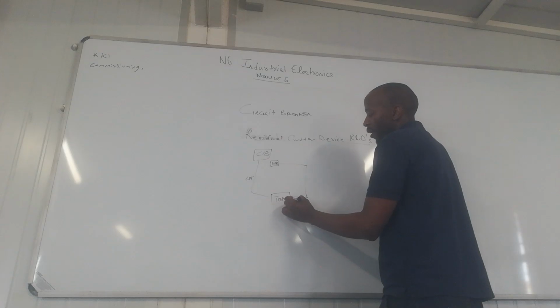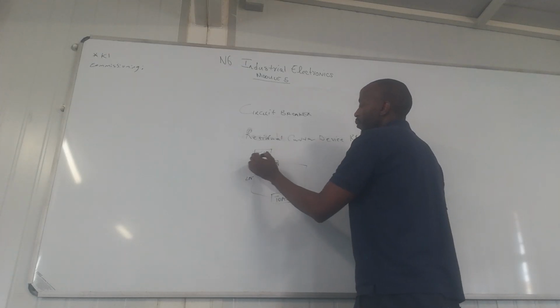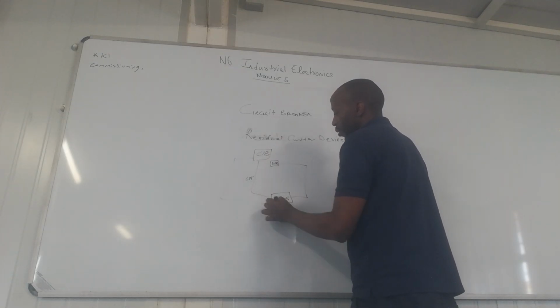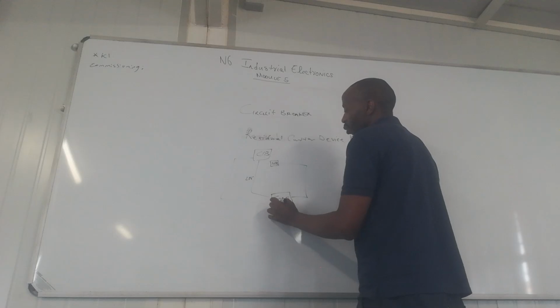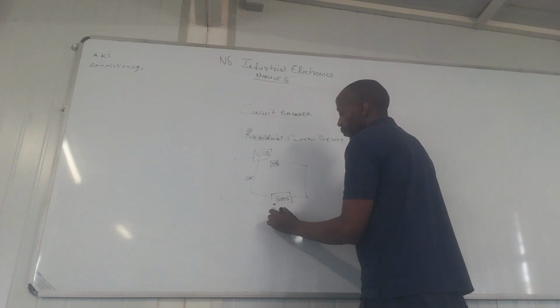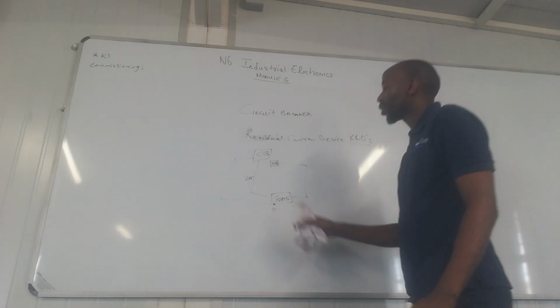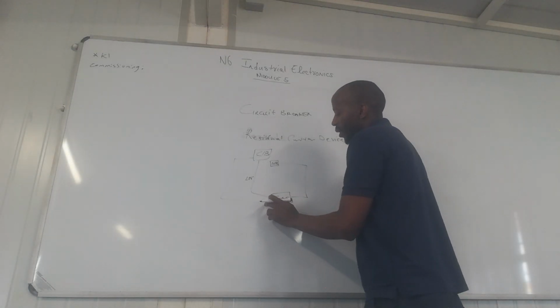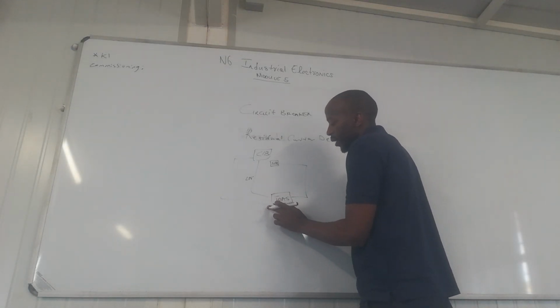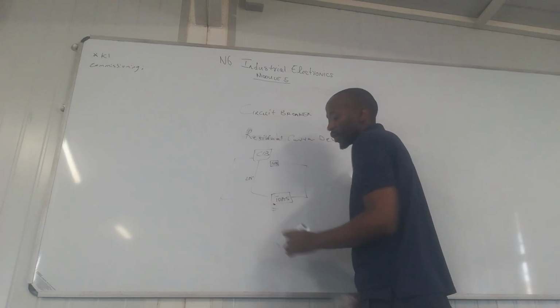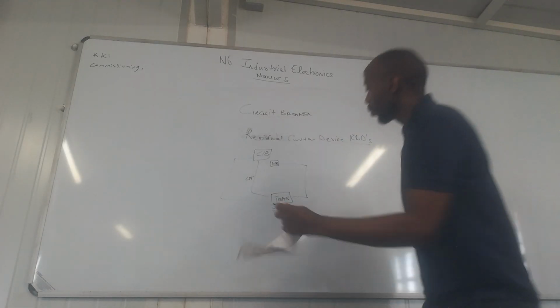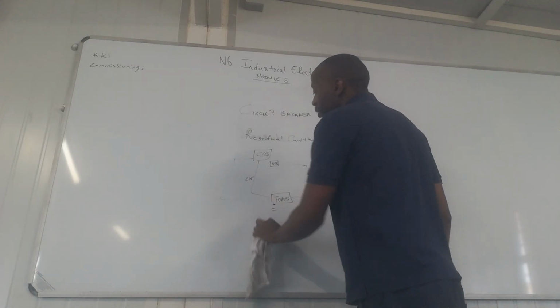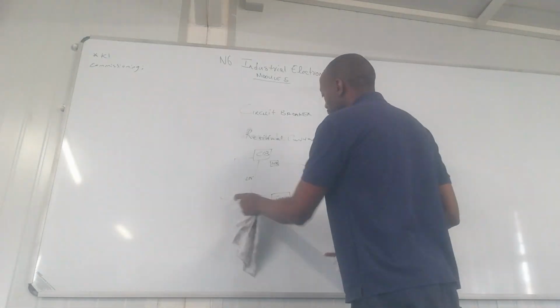Then we have an earth wire coming from the toaster to the earth point, to earth the toaster. Now, if the toaster is faulty, it could be that there's a breakage in the earth conductor, and the device is no longer protected.